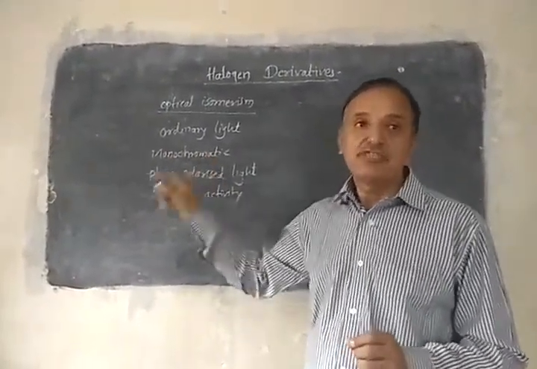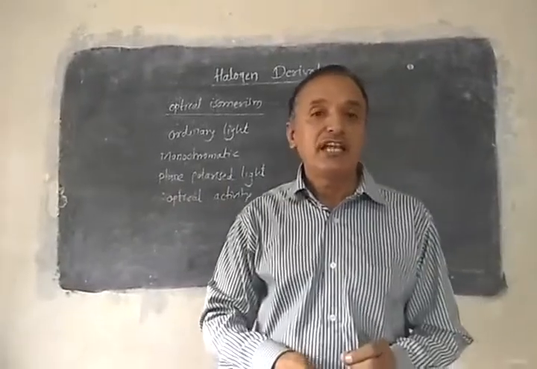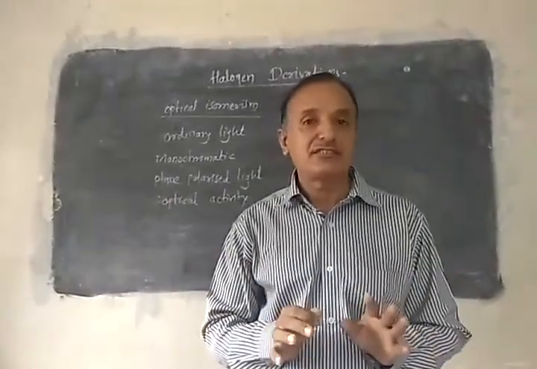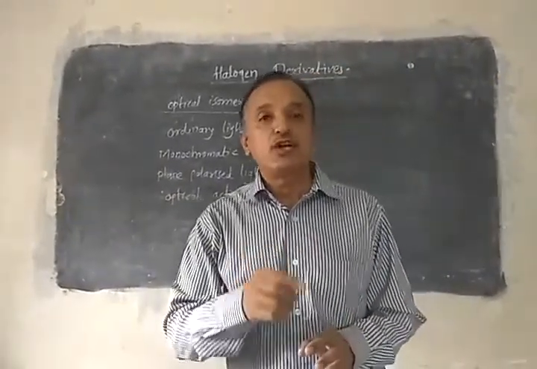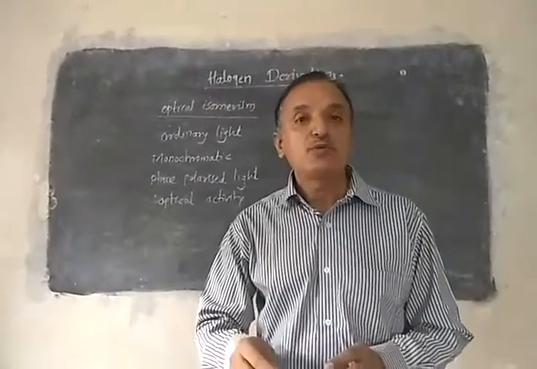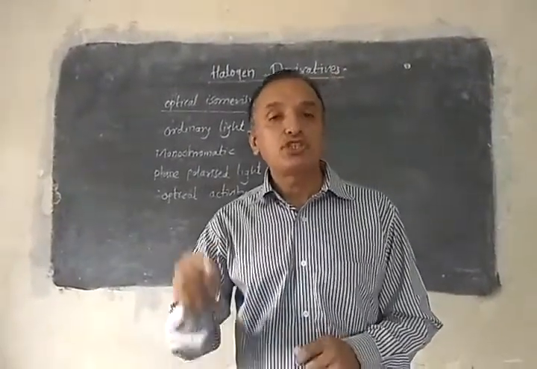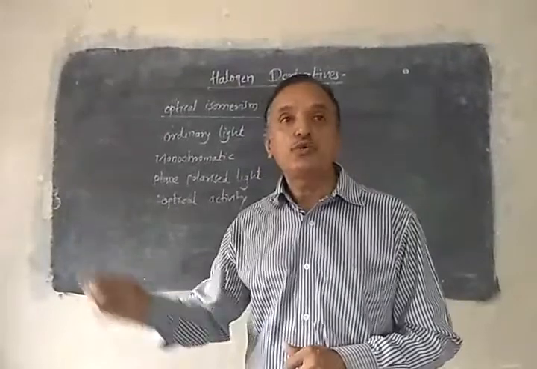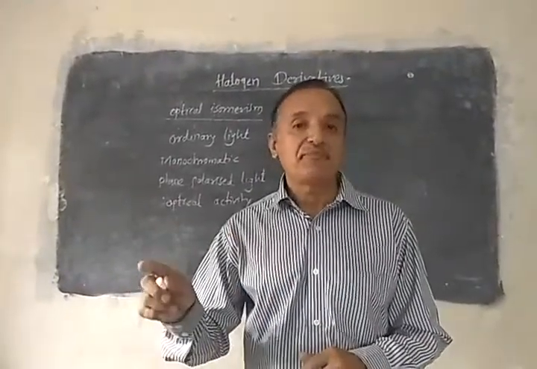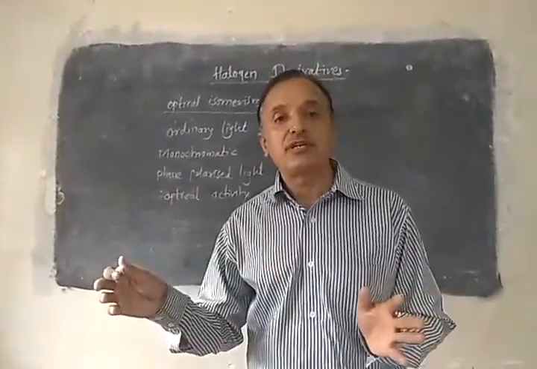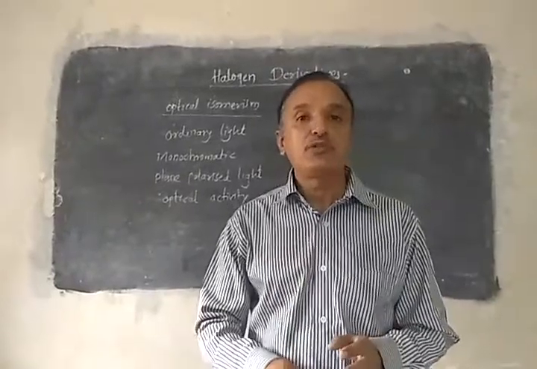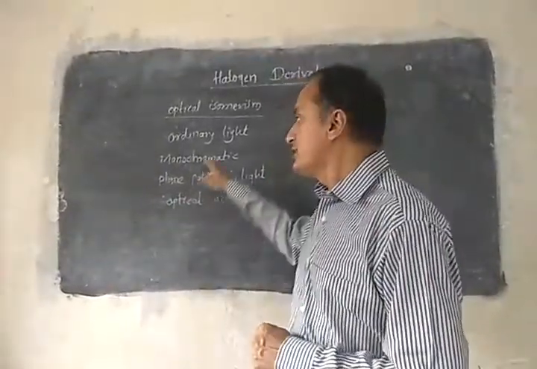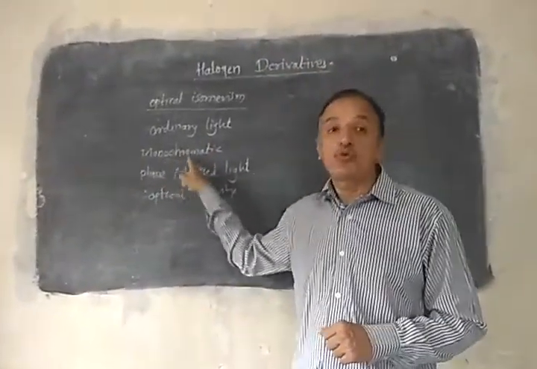A light which has only a single wavelength also vibrates in all directions and oscillates perpendicular to the direction of propagation of light. That is called monochromatic light.